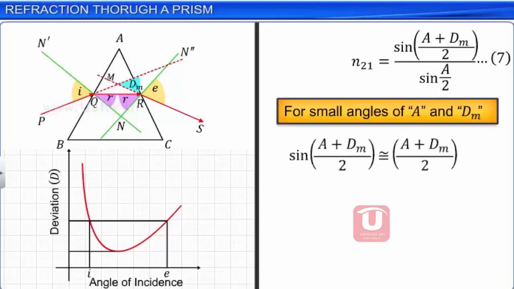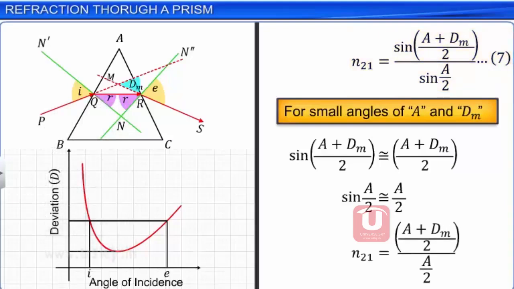On simplification, we get dm is equal to A into (n21 minus 1). Therefore, for prisms of small refracting angles, minimum deviation is small and is independent of the angle of incidence.